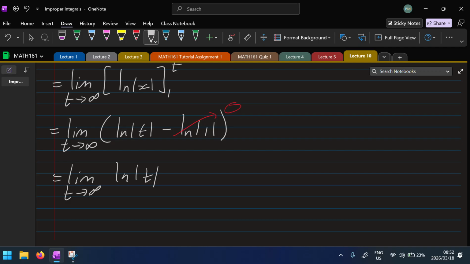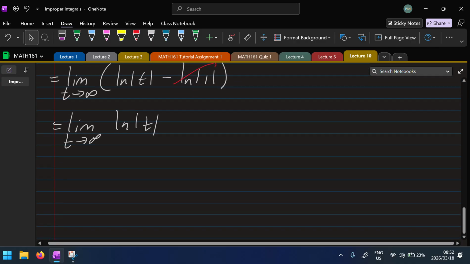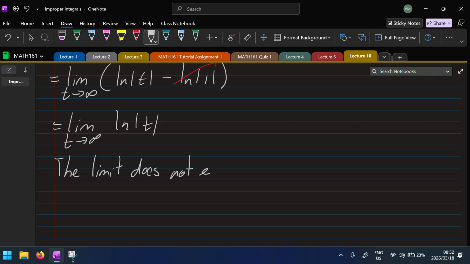Does this limit exist? No, it doesn't. So this limit doesn't exist, which means the integral doesn't exist. There's no finite area under that curve. The limit does not exist.